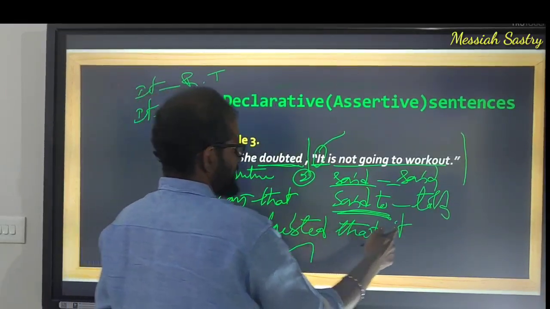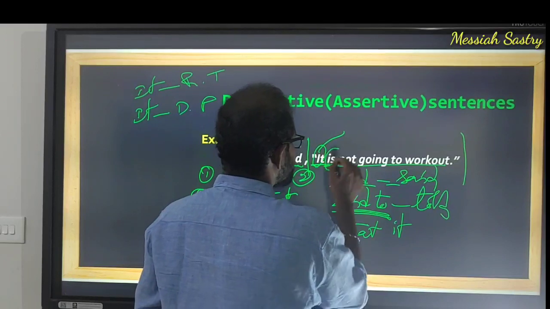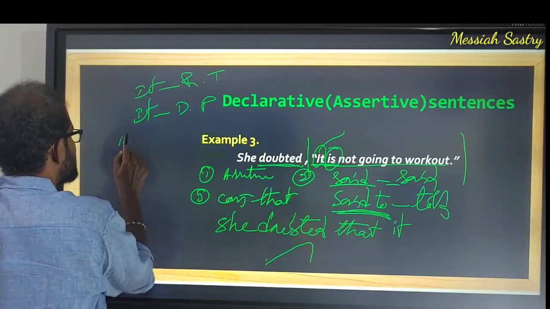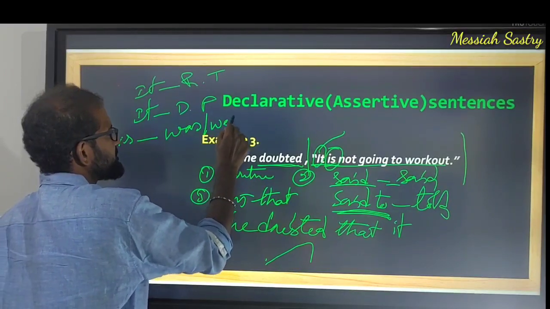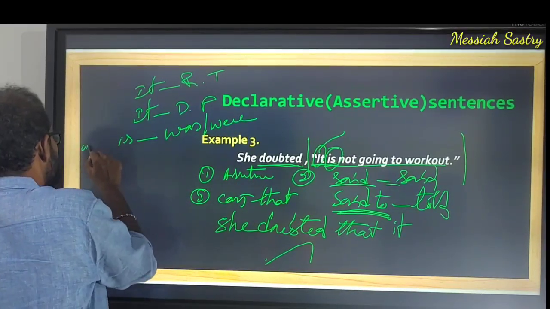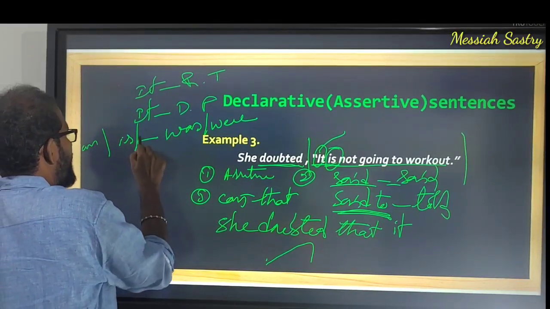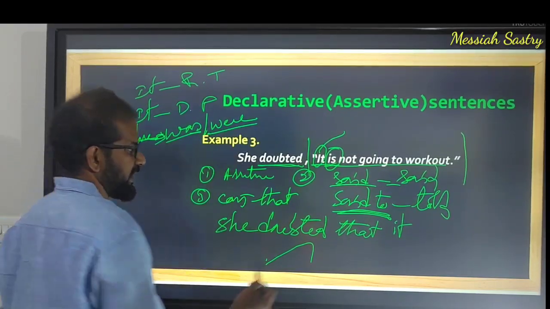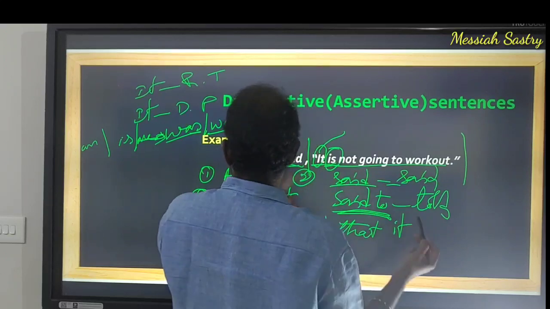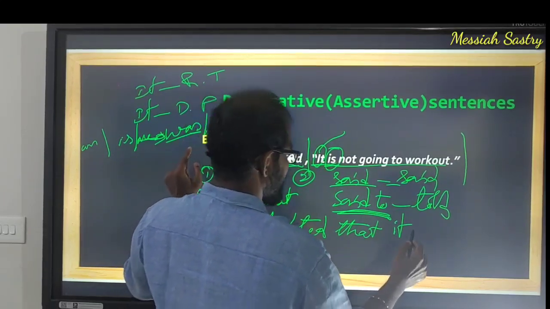She doubted that it is. "Is" changes to was or what? Rule: am, is, are change to was, was, were. Now "it is" changes to, it takes only was, not were.